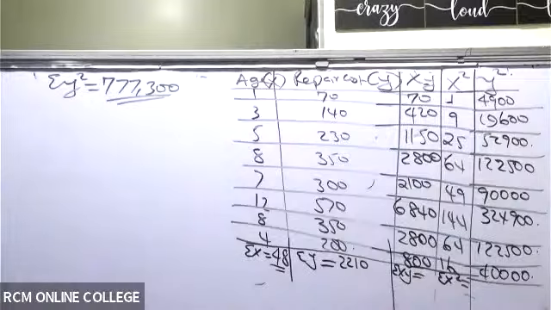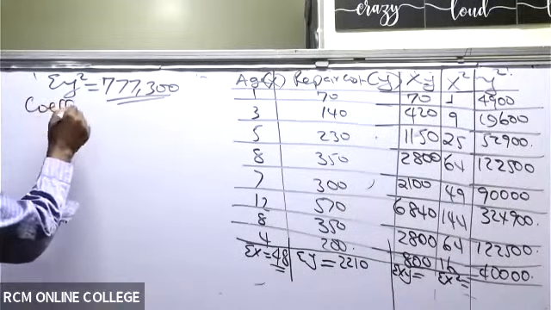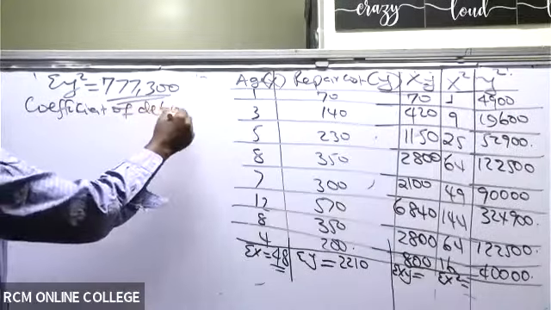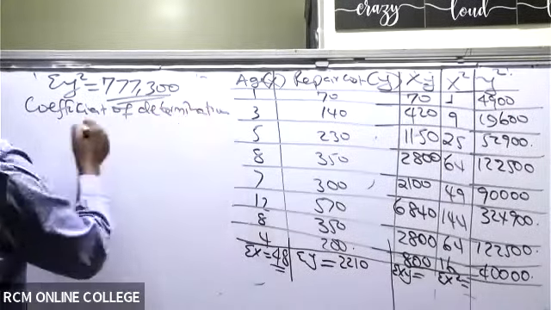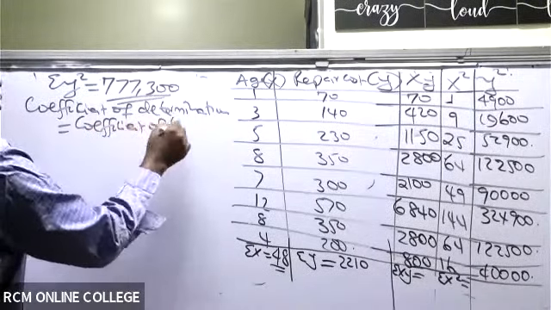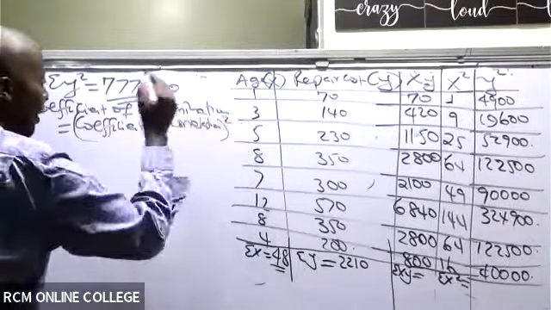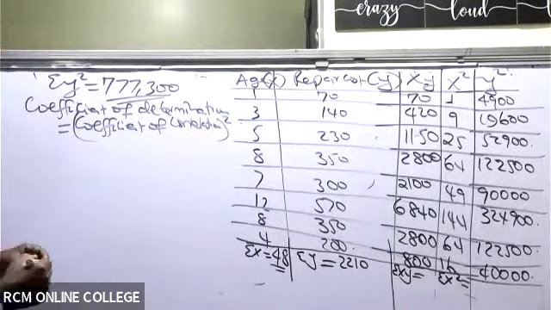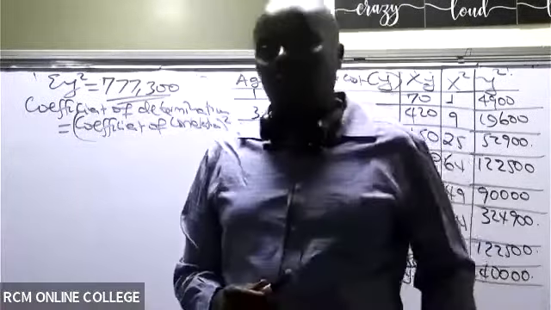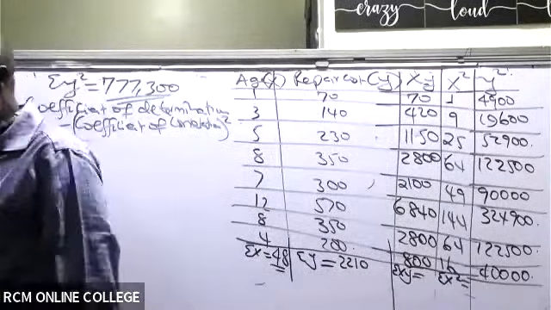So now remember the easiest way of getting the coefficient of determination: the coefficient of determination equals the coefficient of correlation squared.